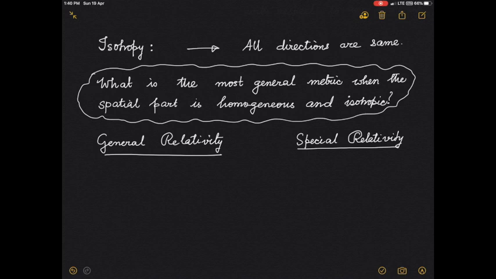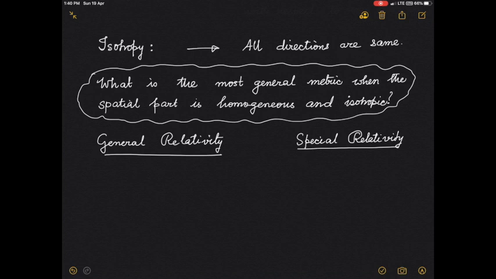But all the observers are not in that given reference system. So what do you do? You have another set of rules which tells you that if I have written down the laws of physics in one reference system, how do I get the laws of physics in all other reference systems?